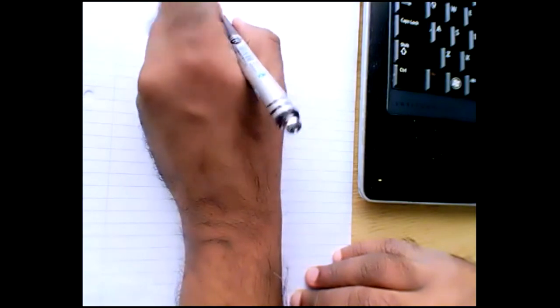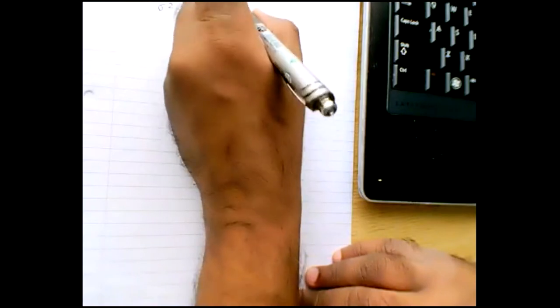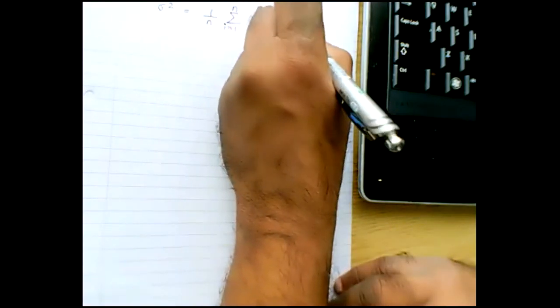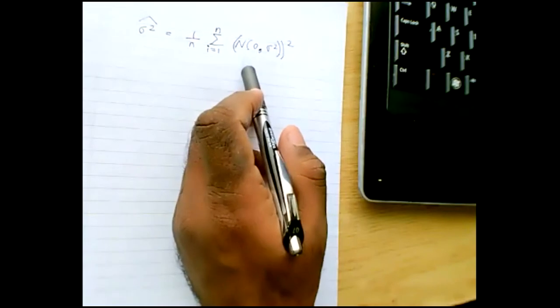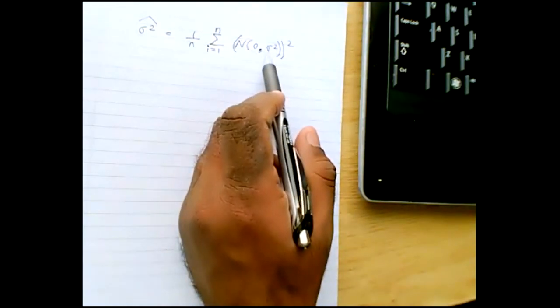So you have this estimator, and we are assuming now that xi is normal with mean 0 and variance sigma squared.